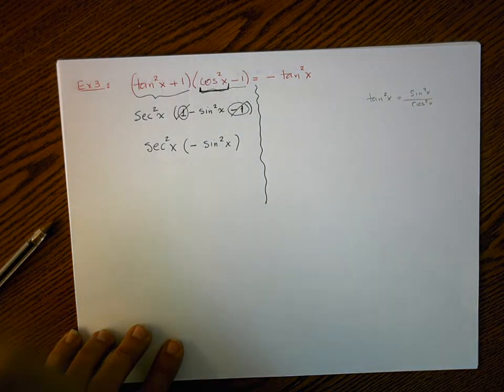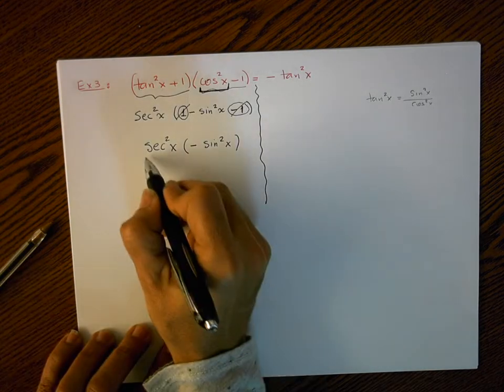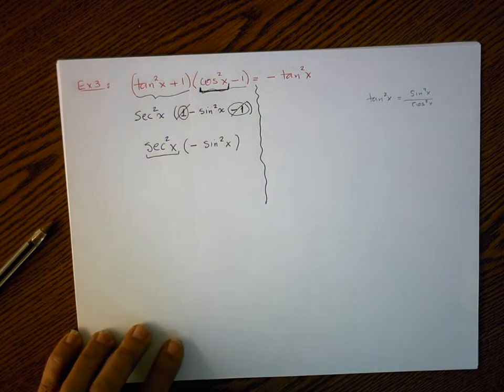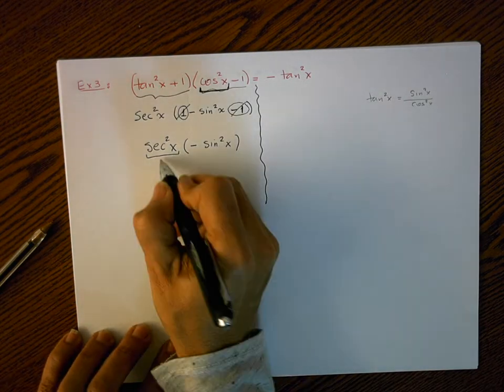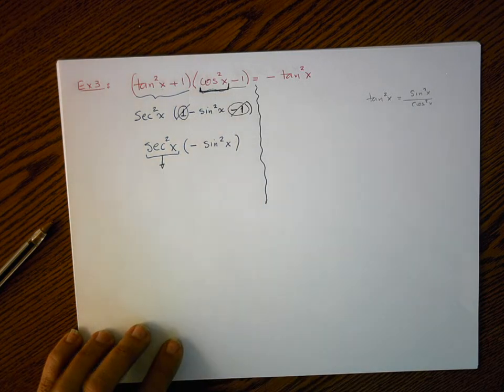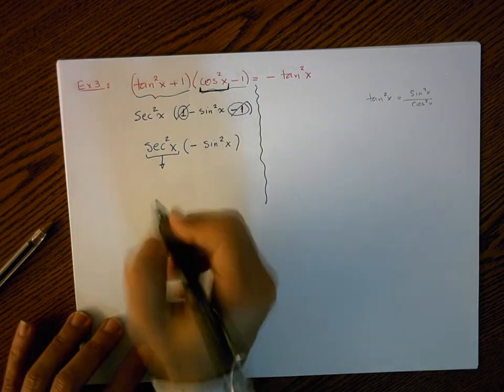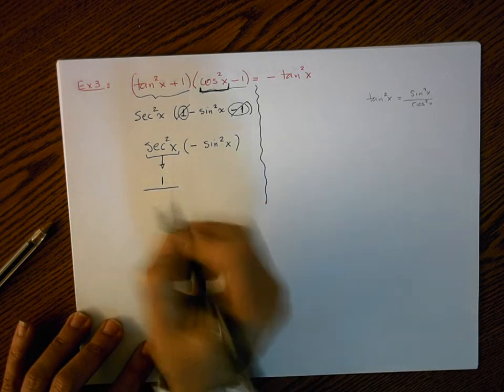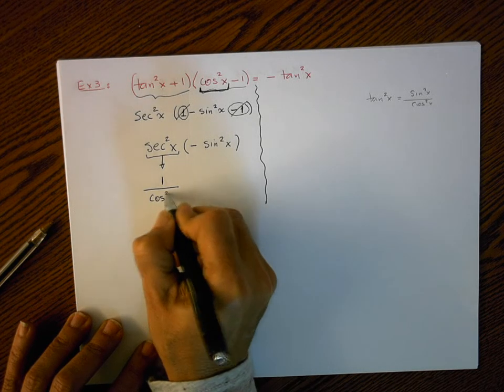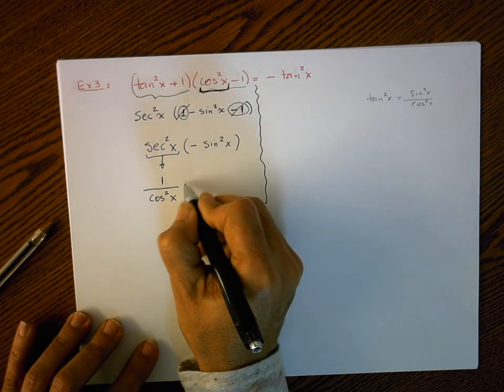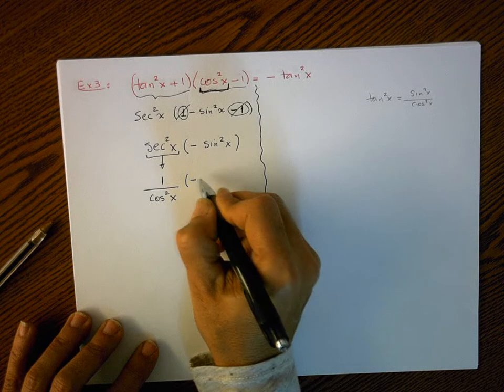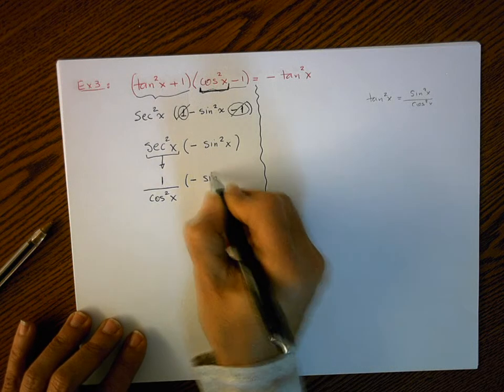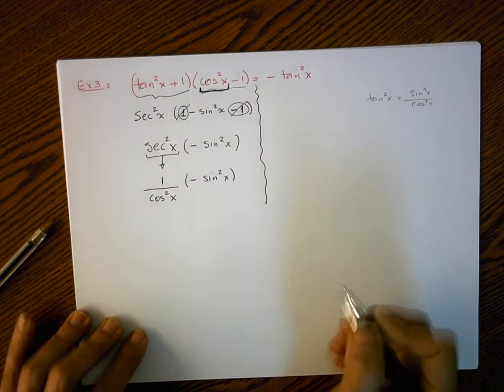I'm going to replace the secant squared of x with 1 over cosine squared of x, times the -1 and the sine squared of x.